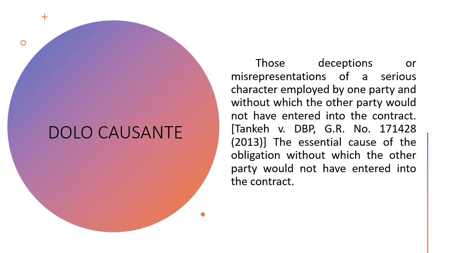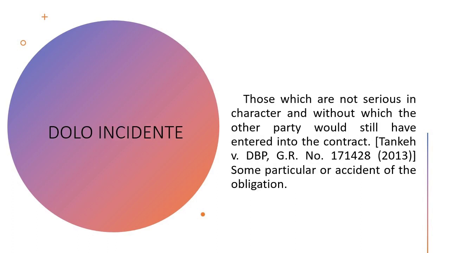Those deceptions or misrepresentations of a serious character employed by one party and without which the other party would not have entered into the contract. Dolo incidente. Those which are not serious in character and without which the other party would still have entered into the contract. Some particular or accident of the obligation.